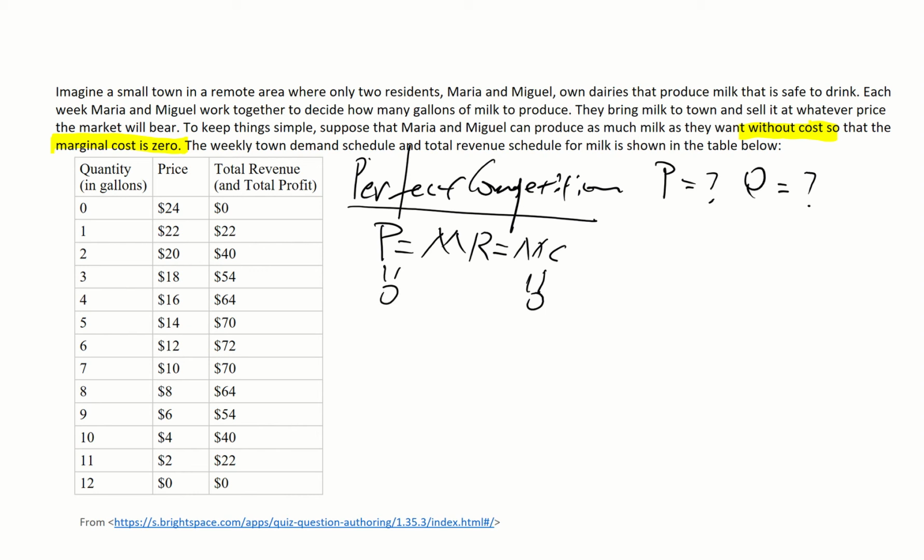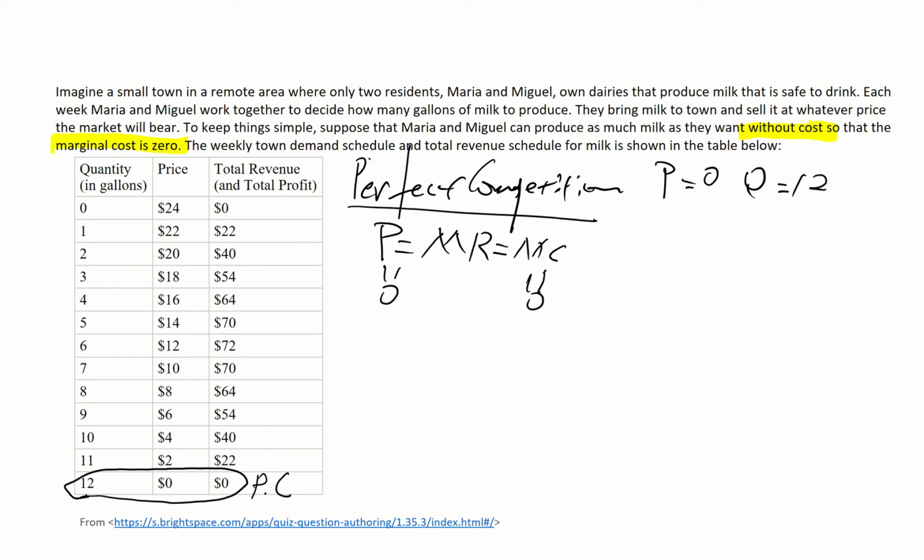On this table, where is our price equal to zero? It's the last level here. So quantity of 12, price equal to zero, and this is our perfect competition outcome. We're going to have a zero price and a quantity of 12 gallons, and this will be shared between Maria and Miguel.